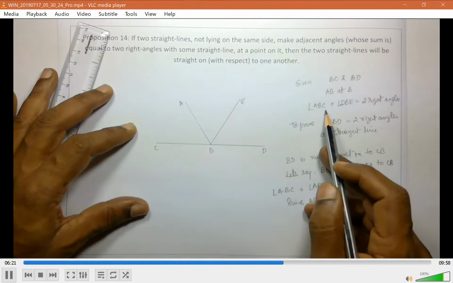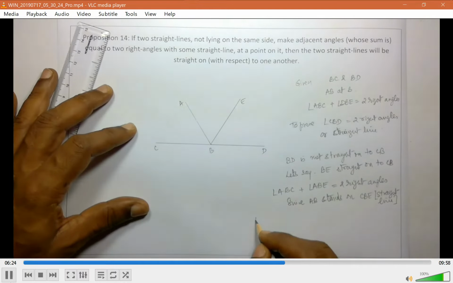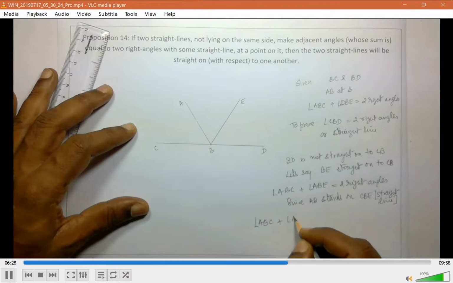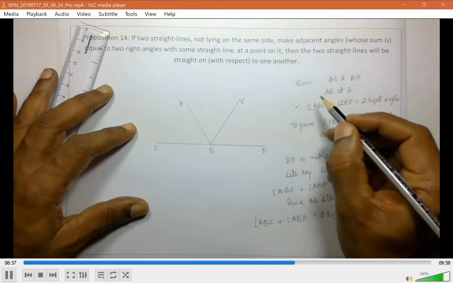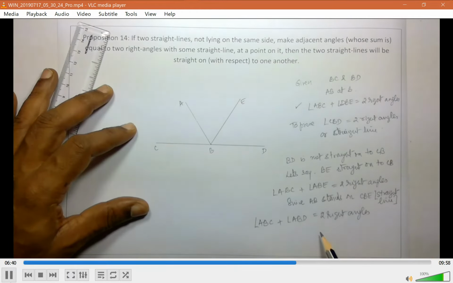Now we are given that angle ABC plus angle ABD is equal to two right angles. It is given here. So now we have got ABC plus ABE equal to two right angles, ABC plus ABD equal to two right angles.